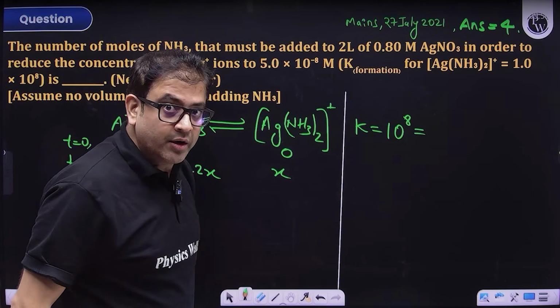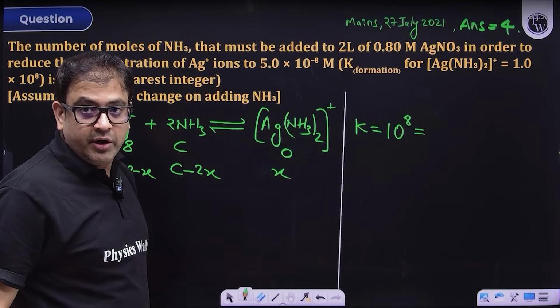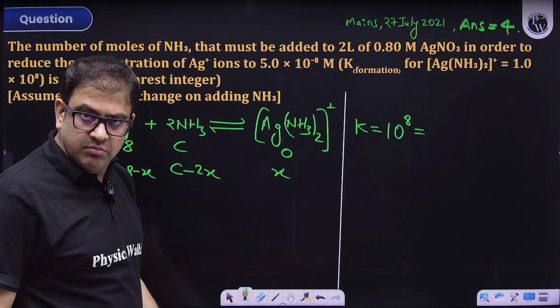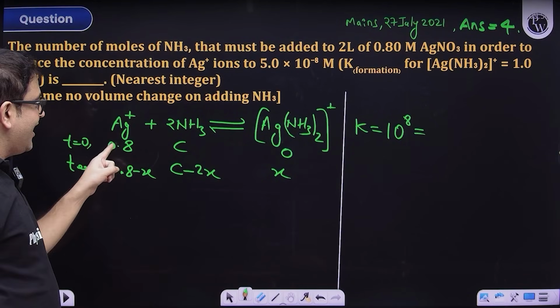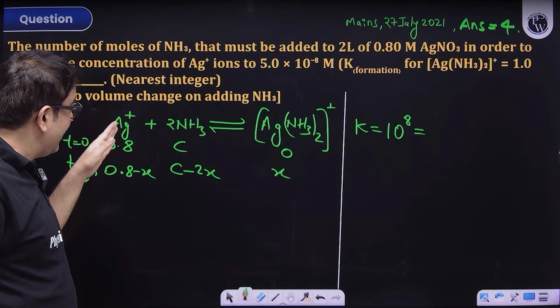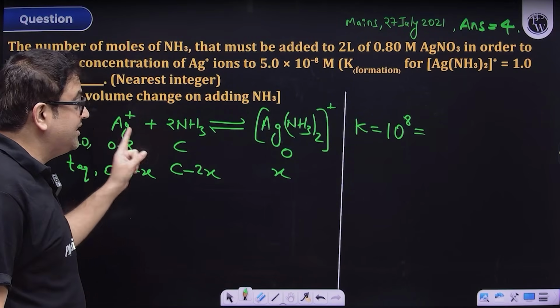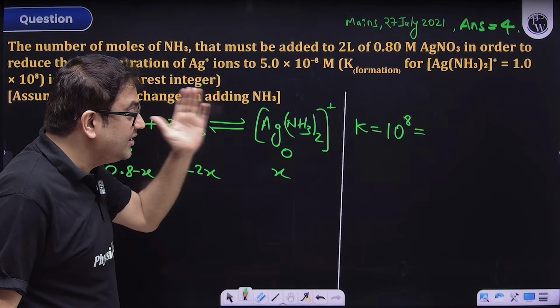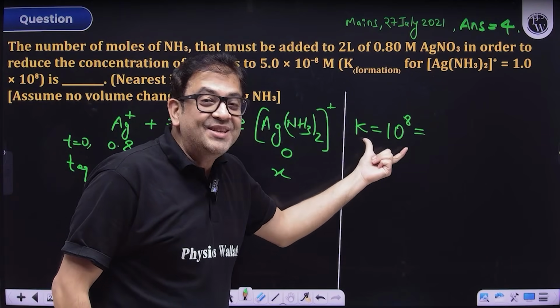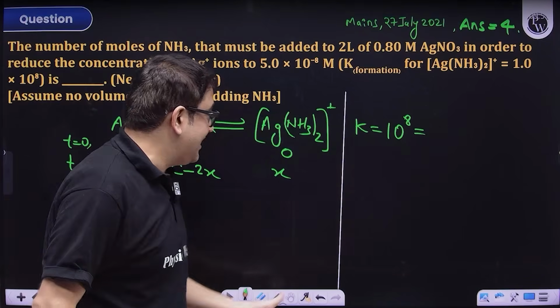Then can we assume that the complete reactant is getting reacted and forming this? Yes. So now you tell me how much Ag plus you have taken? 0.8. All 0.8 Ag plus will react? Yes, sir. So this X you already know through the application of the value of K, just like the previous question.